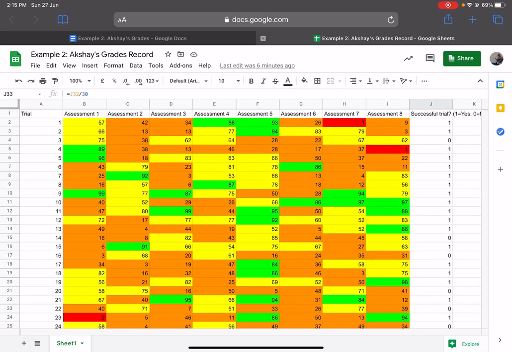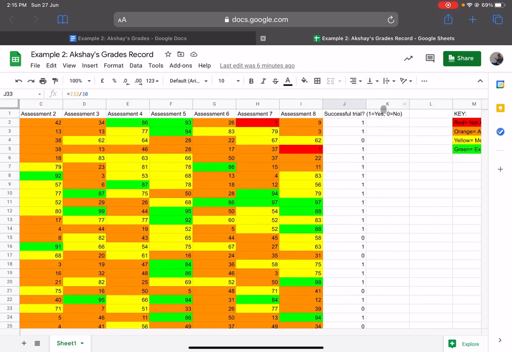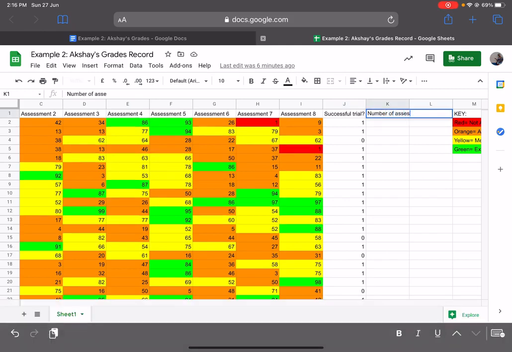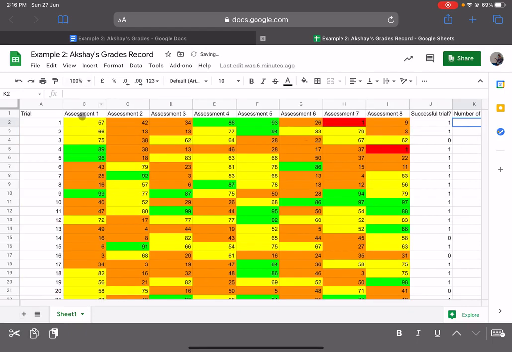So coming back to this, we looked at whether it was a successful trial or not. Now we're going to look at number of assessments needed before getting excellence. Okay, so we're going to look at how many assessments he actually completed before he got that final excellence grade and passed with excellence overall.